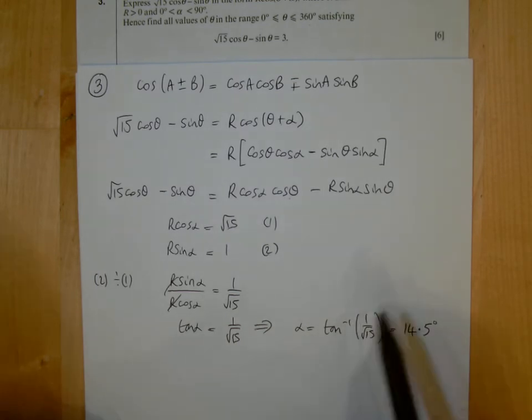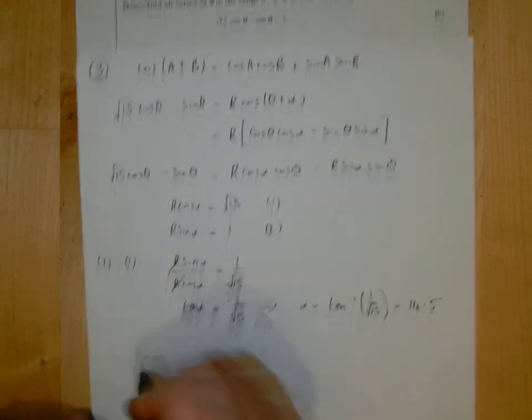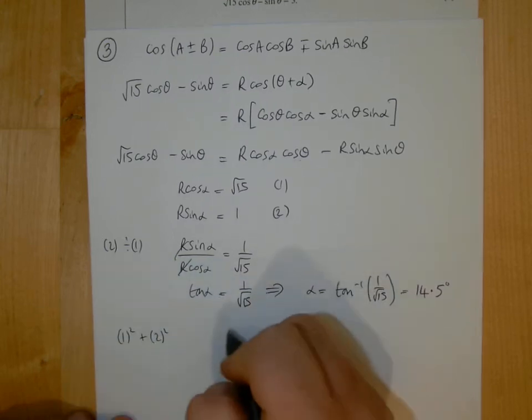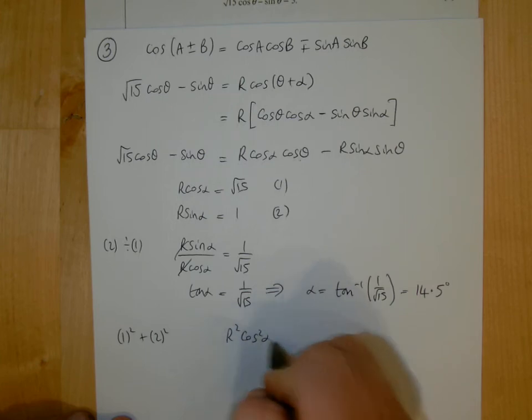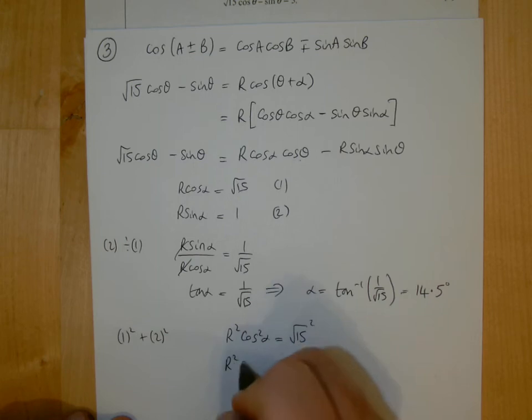So we've got alpha. To get r, remember then you need to square 1 and 2, and then add them. So that will be r squared cos squared alpha equals root 15 all squared, and r squared sine squared alpha equals 1 squared.